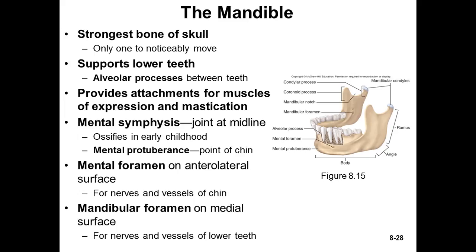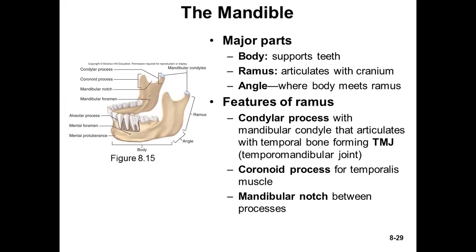Your dentist commonly injects lidocaine near the mandibular foramen to deaden sensation from where? Your lower what? Teeth. Okay, so mental symphysis, mental foramen: nerves and blood vessels that supply the chin or your lips as well. You have the mandibular foramen: nerves and blood vessels of your lower teeth.